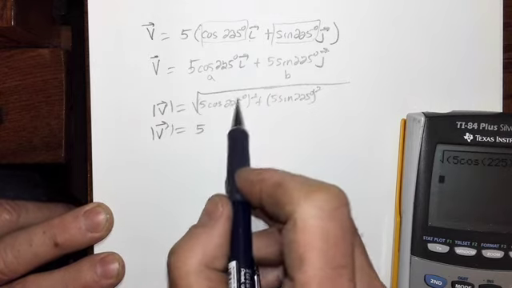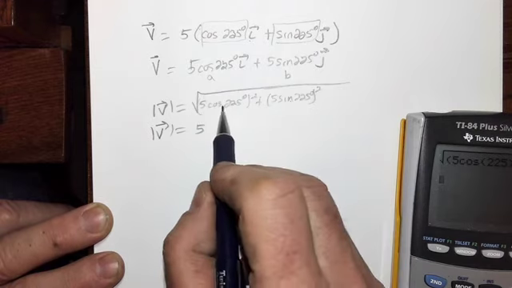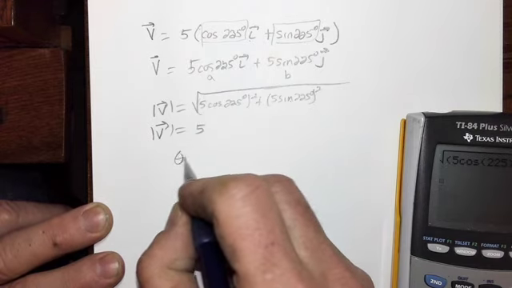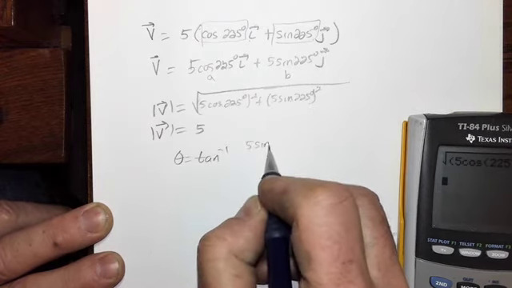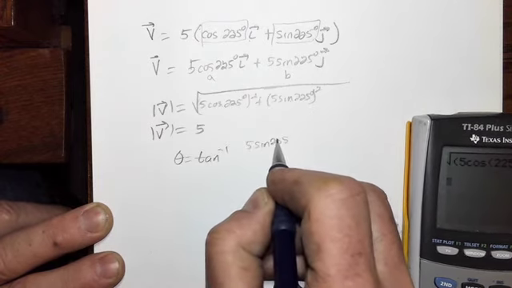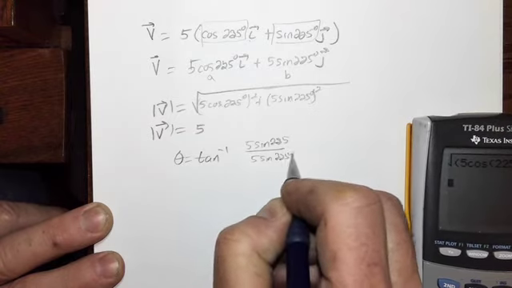If I were to do the direction angle, it'd be the inverse tangent of this over this. So theta is going to be the inverse tangent of 5 sine of 225 over 5 cosine of 225.